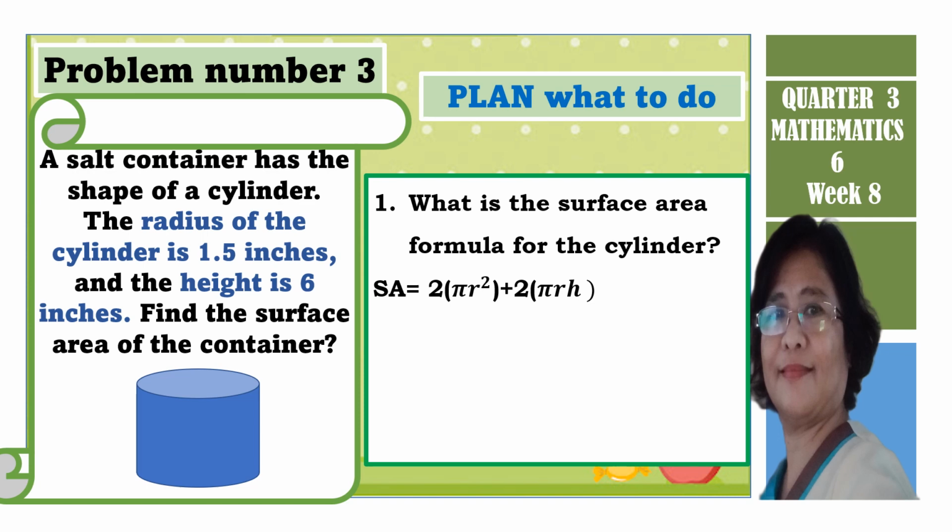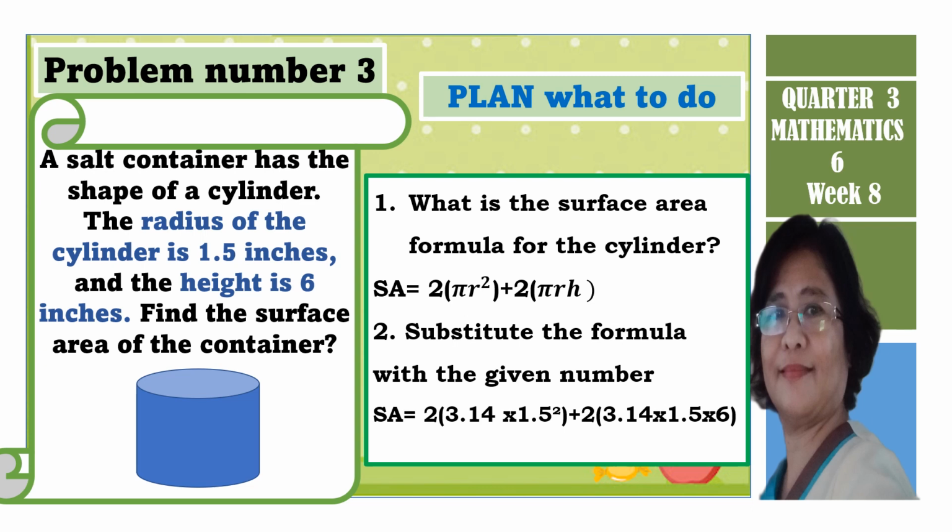Based on the given numbers, the radius is 1.5 cm and the height is 6 cm. Let us now substitute. The value for pi is 3.14, times the radius, which is 1.5 cm squared, and the height is 6 cm.